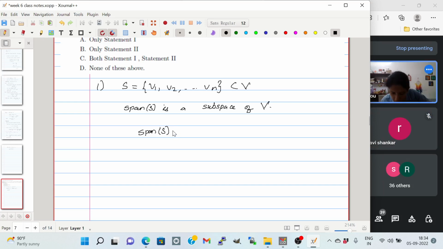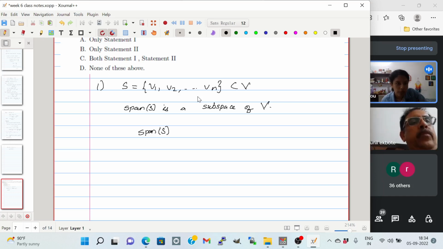The theorem only says the subset we are considering should be non-empty and one more condition should be satisfied. Of course, 0 will belong to the subspace, but we don't need to check that. We just need to check that at least one element is there, then we can check the other condition.